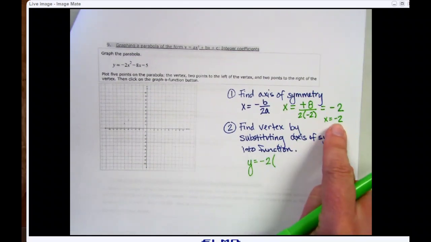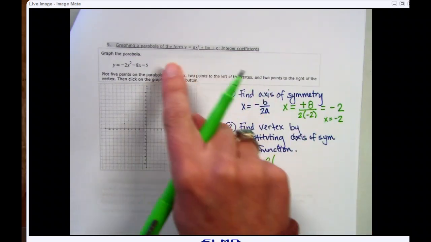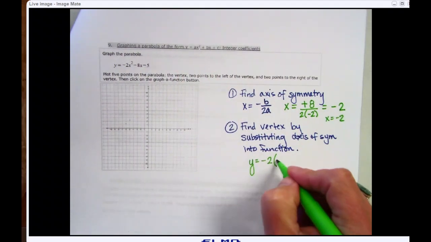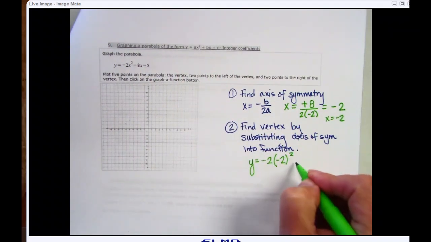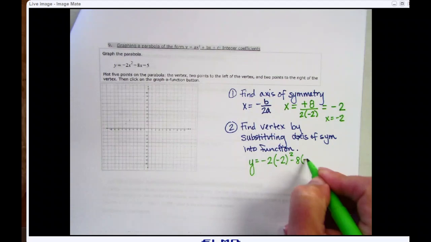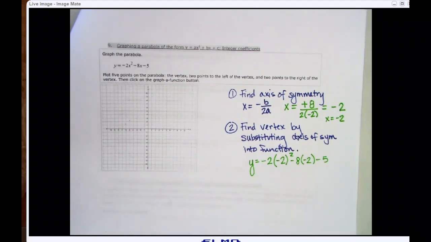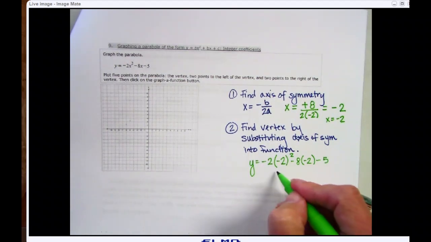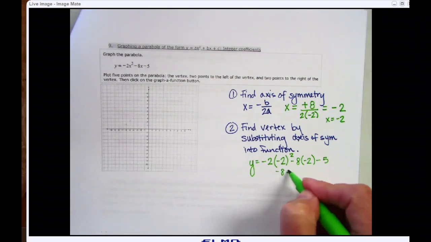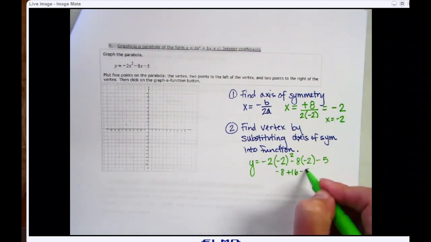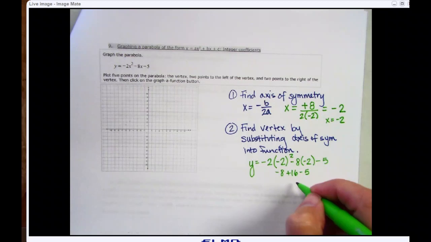What was our value that we got? Negative 2. All right. So negative 2 times negative 2 squared minus 8 times negative 2 minus 5. Negative 8 plus 16 minus 5 gives us 3.